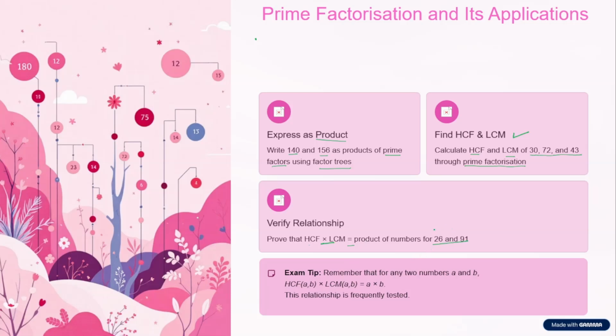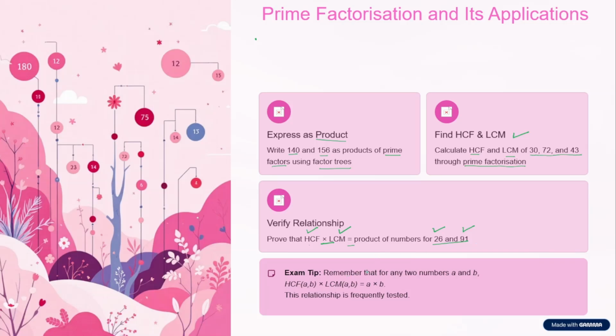We have to find the prime factors of 26 and 91. Then we have to find the HCF and LCM. Then for the LHS, we multiply HCF and LCM. For the RHS, we take the product of numbers 26 and 91. And we have to prove that both sides, LHS and RHS, are equal.